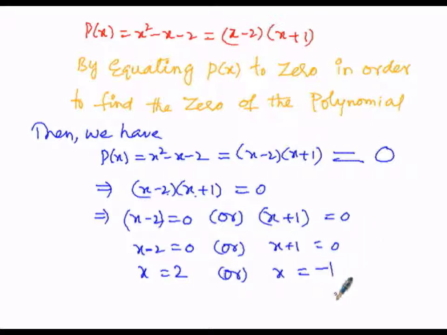In this manner we got x as 2 or x as minus 1. These two are the values of x, which are nothing but the zeros of the polynomial. So hence 2 or minus 1 are the zeros of the given polynomial.